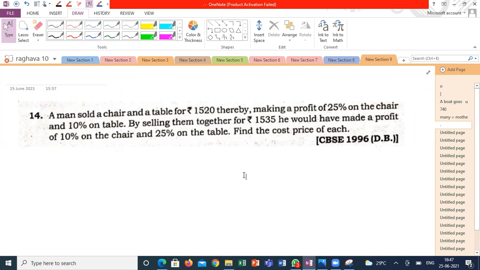First, can anyone tell what the variables are here? What is your x and what is your y? Harita? Sir, the cost price of the chair is x and the table is y, sir. Yes, correct. Cost of the chair is x rupees.